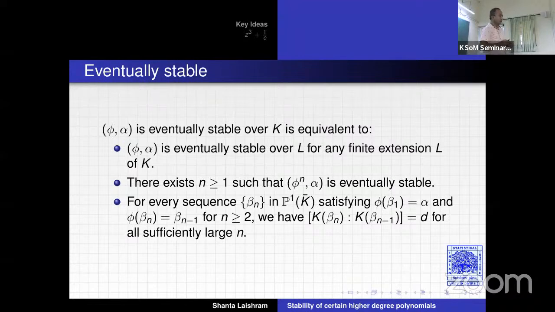So basically, this eventually stable has a nice property. As I've told before, if it is eventually stable over a field, then it remains eventually stable over any finite extension.